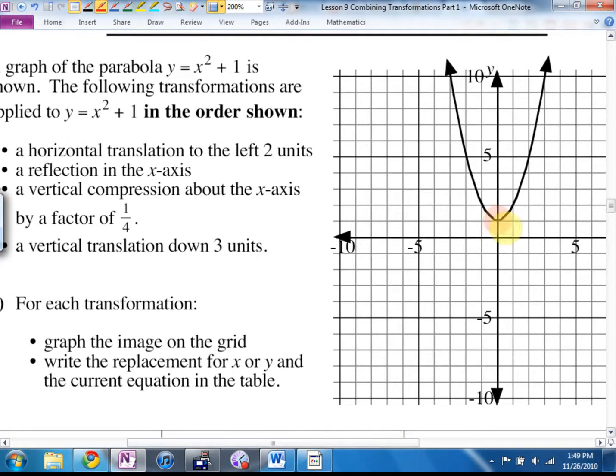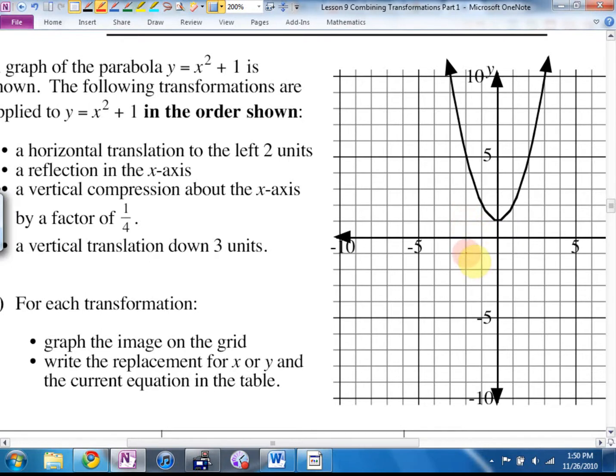So starting right here, what's the first transformation, Chelsea? I can't hear you. I'm sorry. Did you say to left? I'm just going to say to left. Boom. I'm going to hold my pencil right there but not put a dot. What's the next one? Vertical reflection. So instead of one up, one down. Hold my pencil above there but not put a dot.